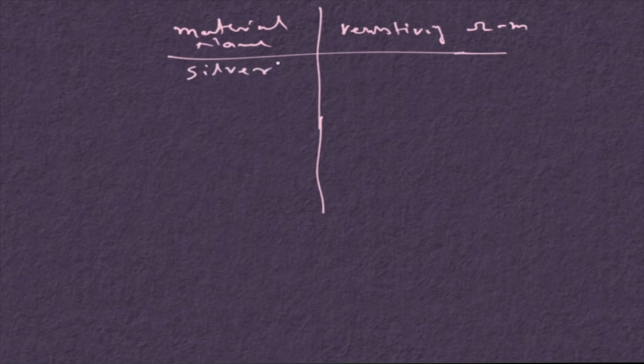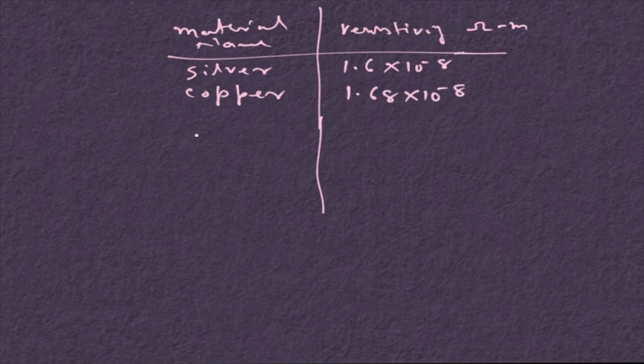For silver it is 1.6 into 10 to the power minus 8, and for copper it is 1.68 into 10 to the power minus 8.